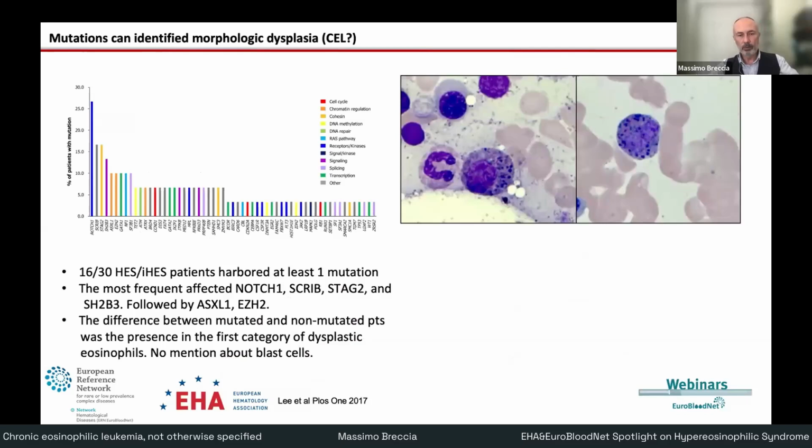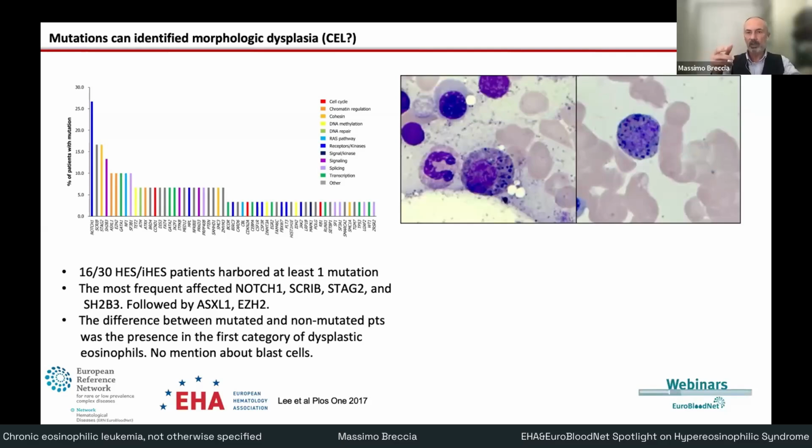For example, dysplastic features of eosinophils, as you see in the slide, could be detected in patients with somatic mutations. In this article, 30 patients with an initial diagnosis of hypereosinophilic syndrome harbored at least one mutation, and the most frequent were NOTCH1, SCRIB, STAG2, and SH2B3, followed by ASXL1 and EZH2.